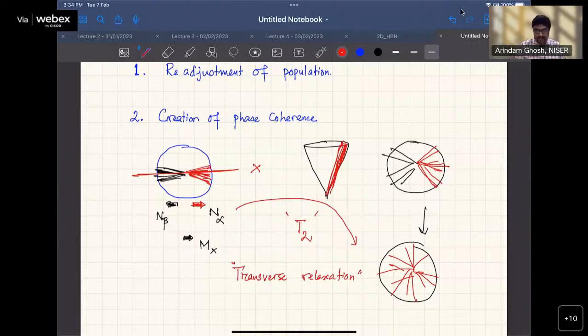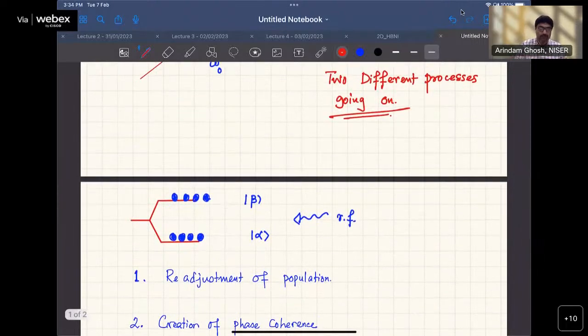That is one thing. But the other process generally takes much longer, particularly for large molecules like proteins. In this case, the spin system has to deliver this extra energy that was originally pumped in by the RF.